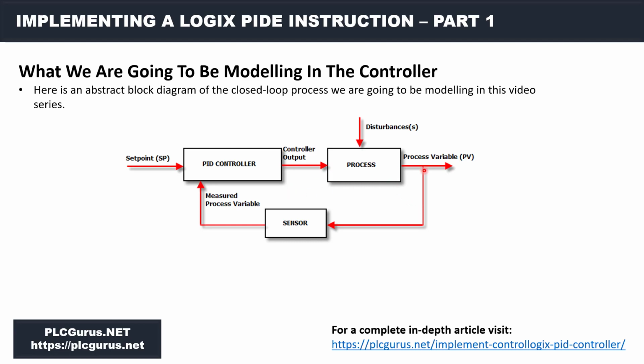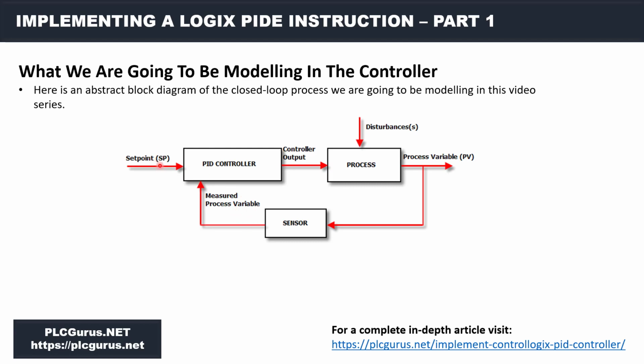And we're going to be continuously monitoring the feedback of that process via the process variable, PV, which in most cases is some kind of sensor, and it's going to feed that back into the PID controller. And the PID controller is going to look at the set point, look at the process variable, depending on how you're implementing, whether it's direct or reverse acting.